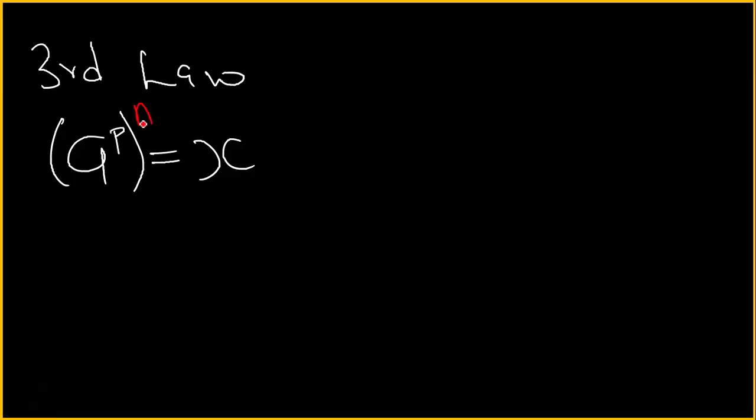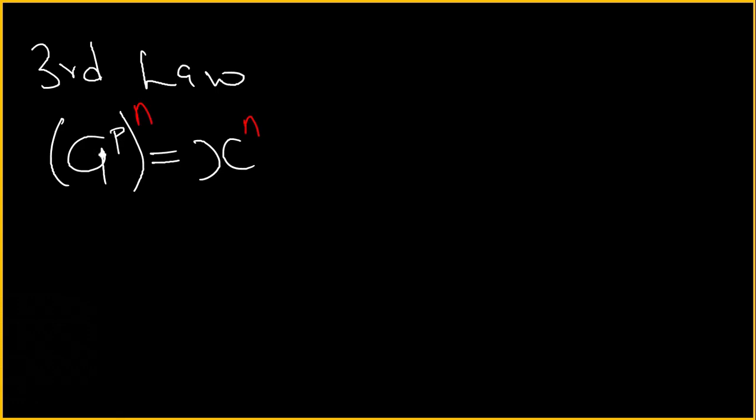So a raised to the power p, raised to the power n. Now the unique thing here is raised to the power n, so I apply same to my result.